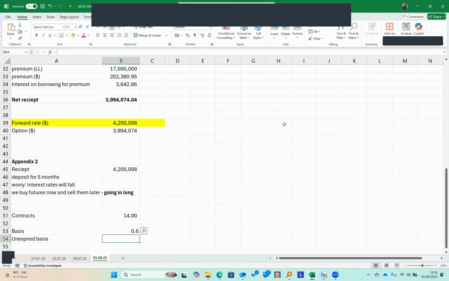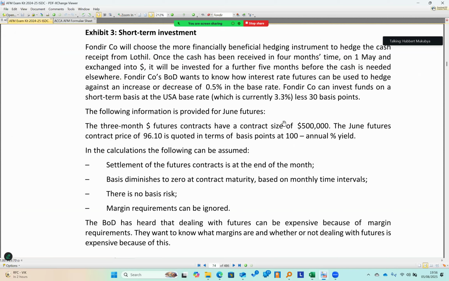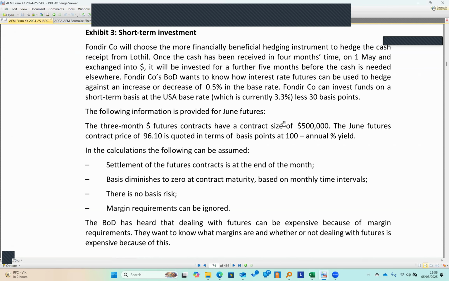Now unexpired basis. So we are going to do this for 5 months. We're now receiving the money on 1st May, and this is June. Okay, so you're using June. So May, so we have May.